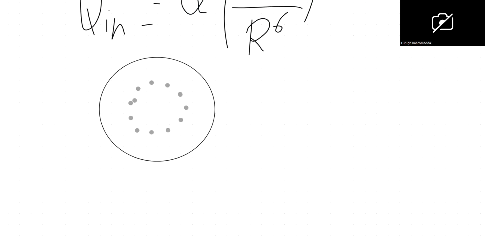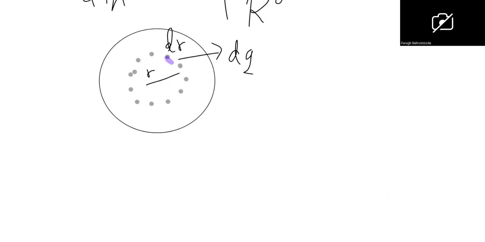And here we have a small width dr and a small charge dq at a distance r small from the center, as shown in the figure.